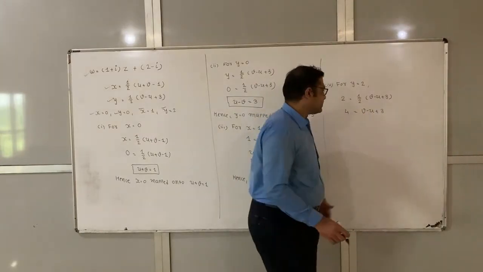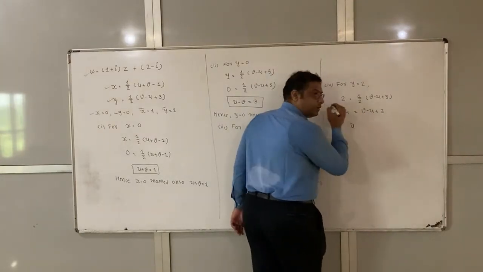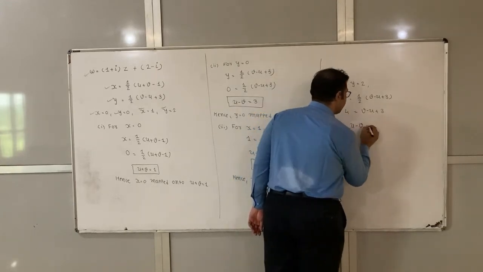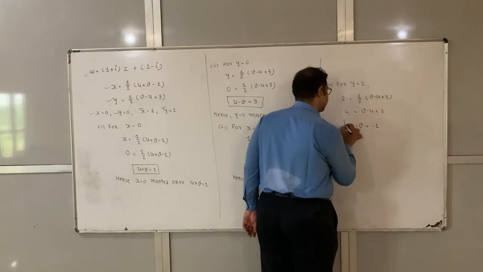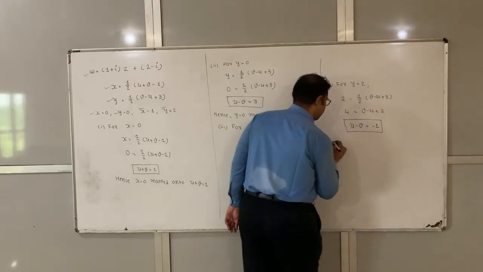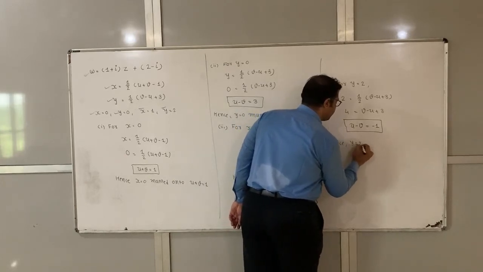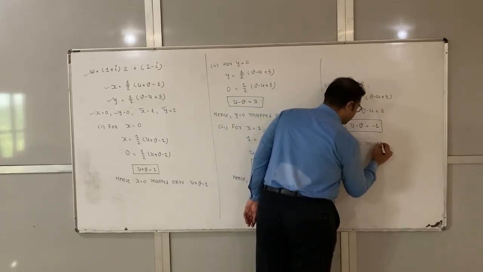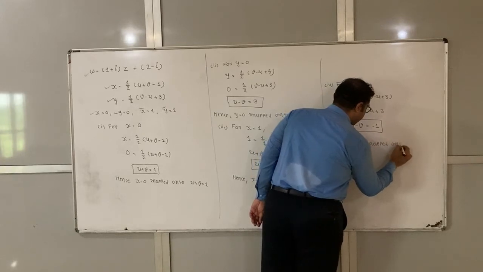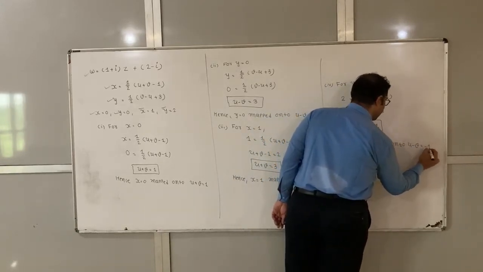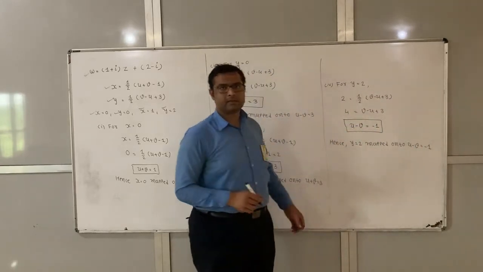Simplifying this, you will get the answer u minus v is equal to minus 1. Hence y is equal to 2 is mapped onto u minus v is equal to minus 1.